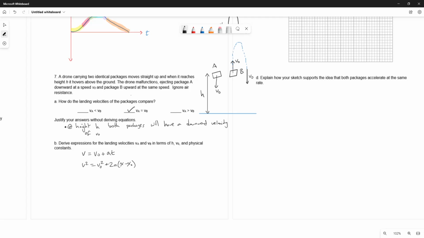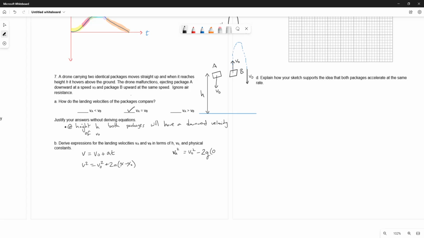So first of all, in the y direction, acceleration is negative g. So if we want to know the final velocity of an object, let's look at object A, since it's being thrown downwards right away. Object A's final velocity squared would be equal to its initial velocity squared minus 2 times the acceleration, which is gravity, times the displacement, basically its final position minus its initial position.